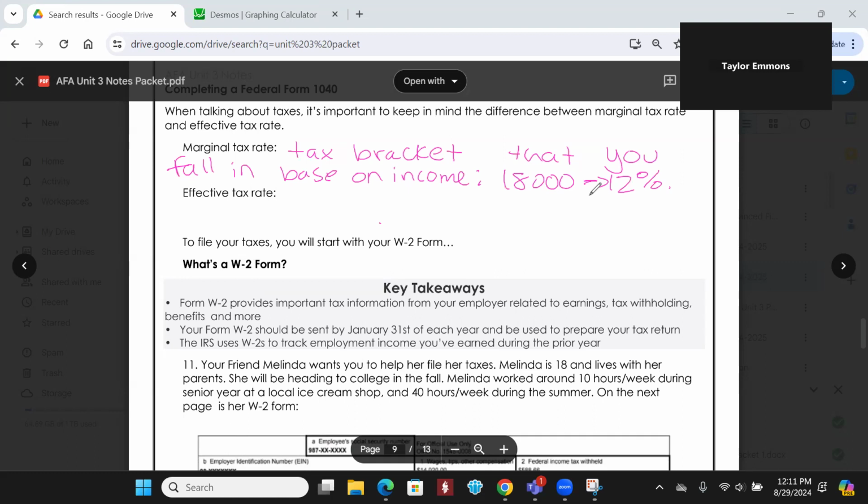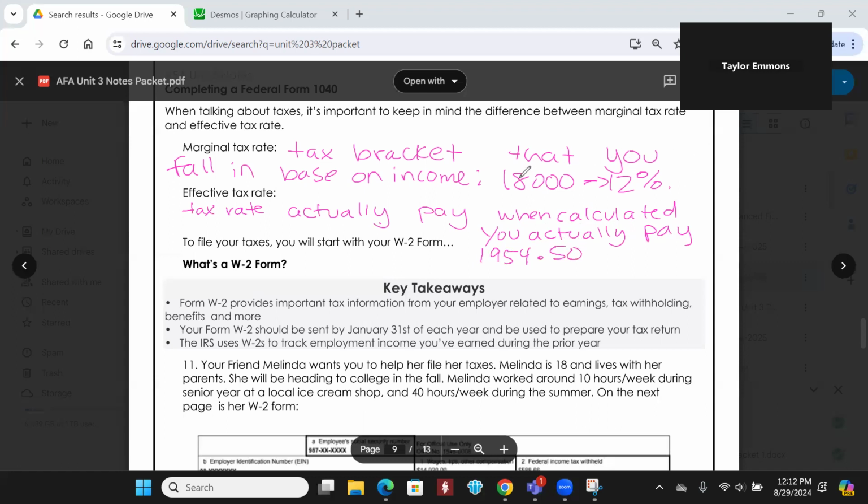Okay. Now, effective tax rate is the tax rate that you actually pay. So for instance, when calculated, you actually pay, I think it was like 1,954.50 if you had an income of 18,000.